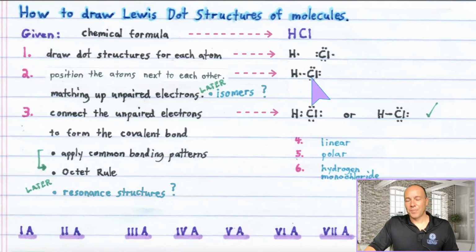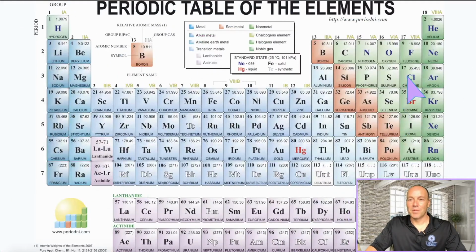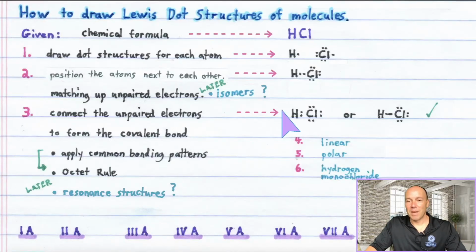And likewise, chlorine, before it only had 7 valence electrons, and by forming the bond, now it has 8. It has what's called an octet. Chlorine now has a filled shell as well. And with 1 more electron, it becomes like the noble gas argon. And so by sharing that pair, it's kind of like it got another one, and that is the bonding principle at work here in this molecule.